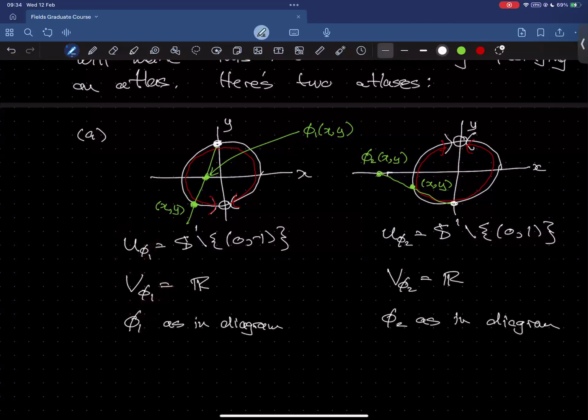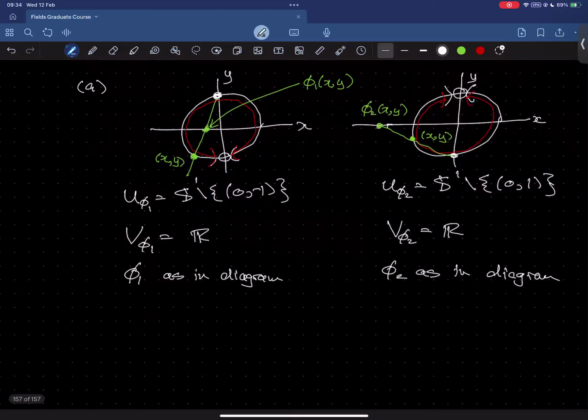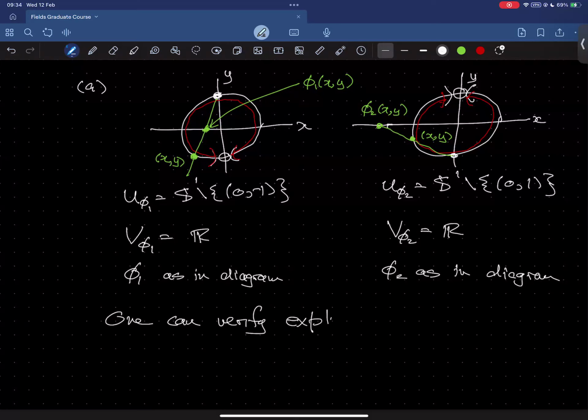But now you have to verify the overlap condition. To do that, I would first need to write down explicitly the formulas for phi1 and phi2, which is not hard. Then you use phi1 inverse composed with phi2, that's the overlap map. One can verify this explicitly, and it's a fun exercise if you want to do something explicit.